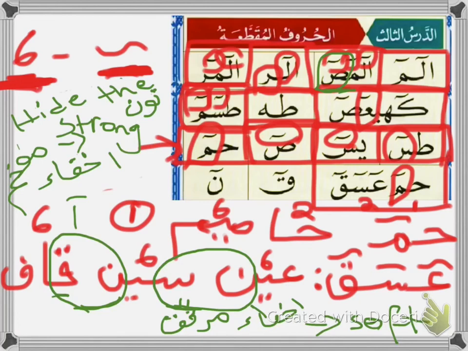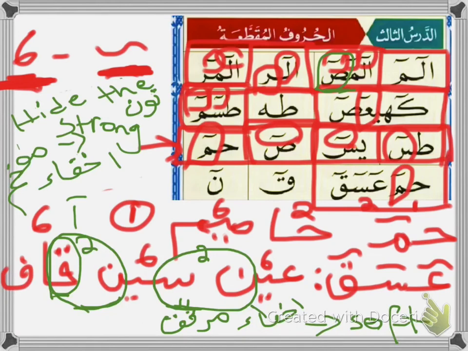Okay, so we're going to read it. Ayn, Sin, Qaf. We have to remember, over here we have to hold twice, and over here we have to hold 2. Don't forget, the Qaf is harf mufakham, so when we come to it we have to do it with a strong sound.